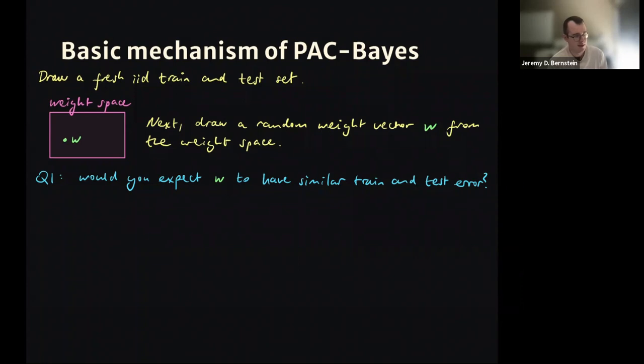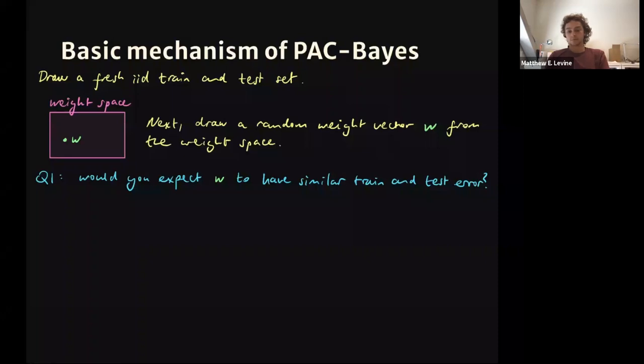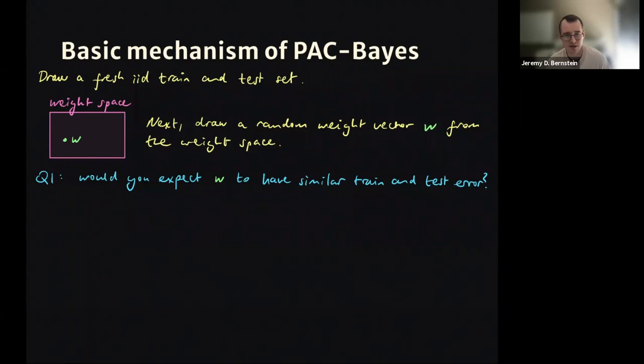I think this is just the law of large numbers. It doesn't really have anything to do with what the function class is. But I realize now that maybe this isn't intuitive. The idea is that W is not picked with reference to the training data.